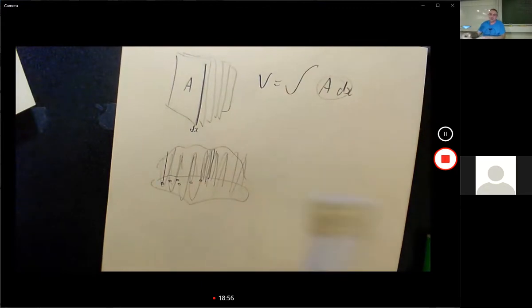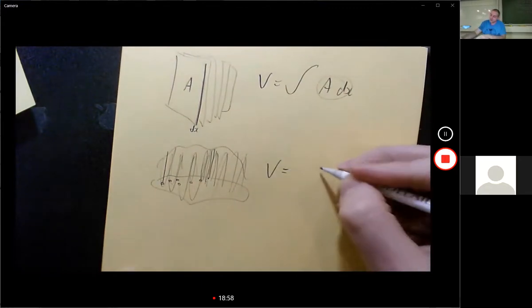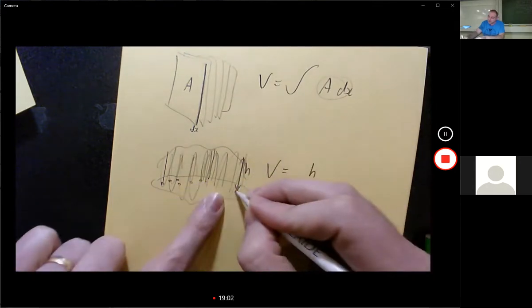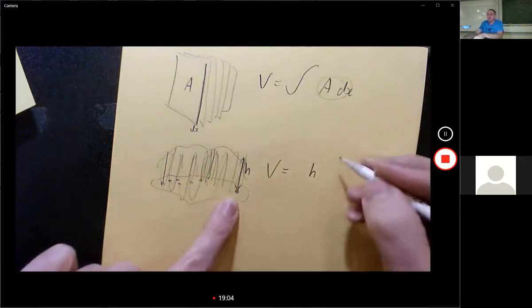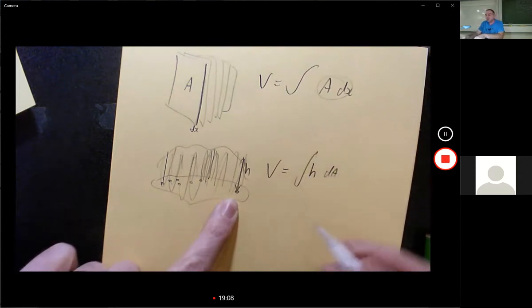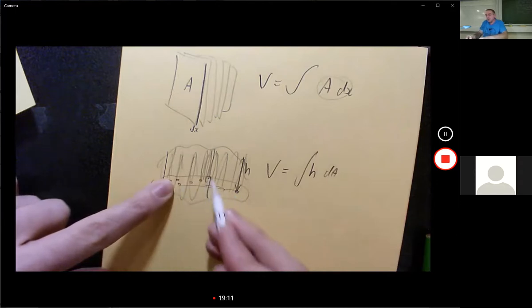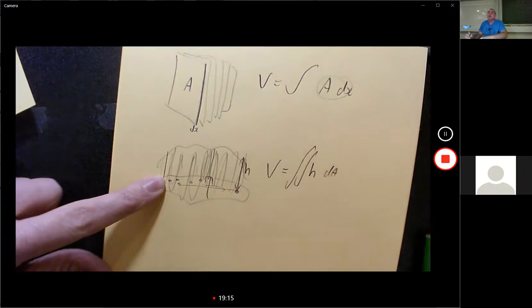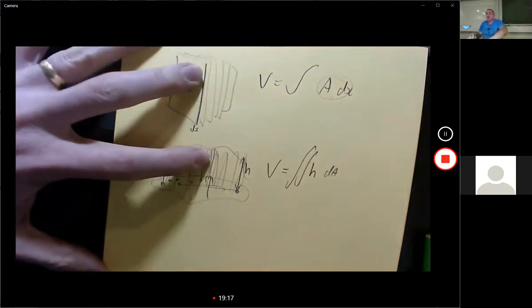So I have to have a height times a little tiny piece of area at the bottom, and I have to add them all up. But because there are two directions to move to get to every position on this bottom, it's a double integral. These are the two ways to make a volume.